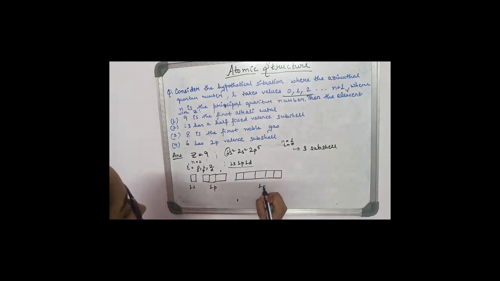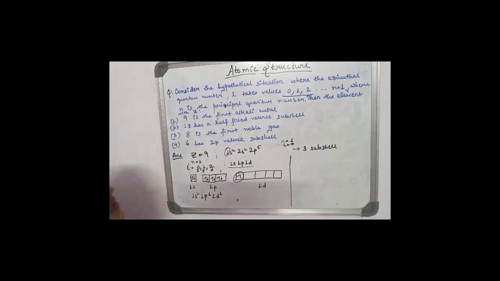Now let us fill up the electrons. 9, so 1, 2, 3, 4, 5, 6, 7, 8, 9. So you see that only one electron is filling up 1d. So the new electronic configuration becomes 1s2, 1p6 and 1d1. So the first statement says 9 is the first alkali metal.